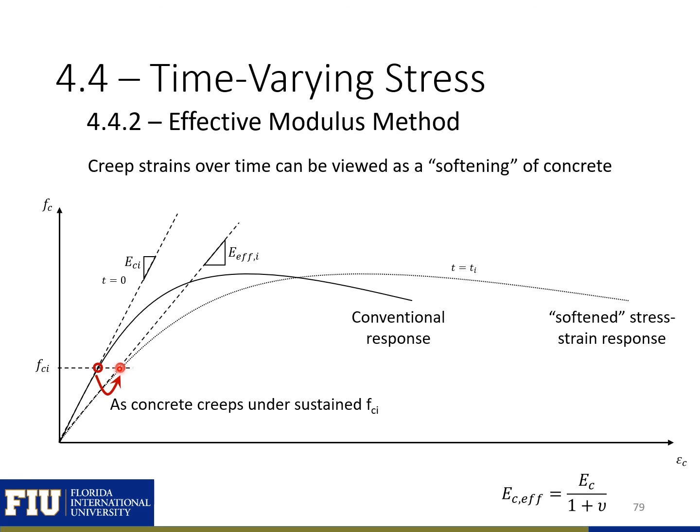So if we were to put a bunch of different stresses on and hold them over the same amount of time, we could get a theoretical softened stress strain response. And this stress strain response would represent our stress strain response under creep, or including our creep effects. And our EC effective is essentially the slope of this softened stress strain response.